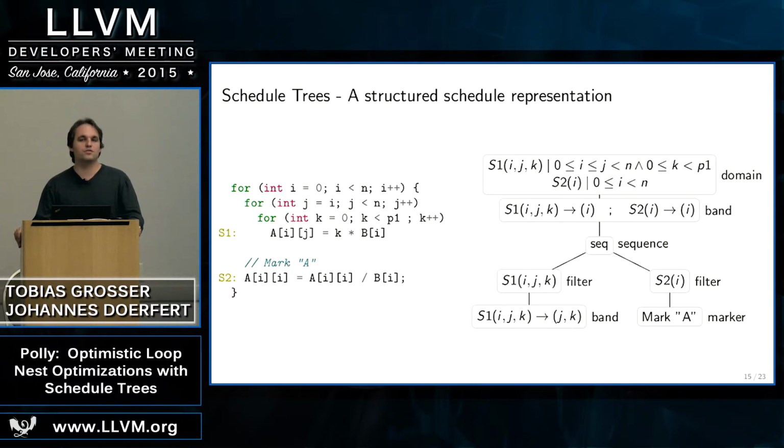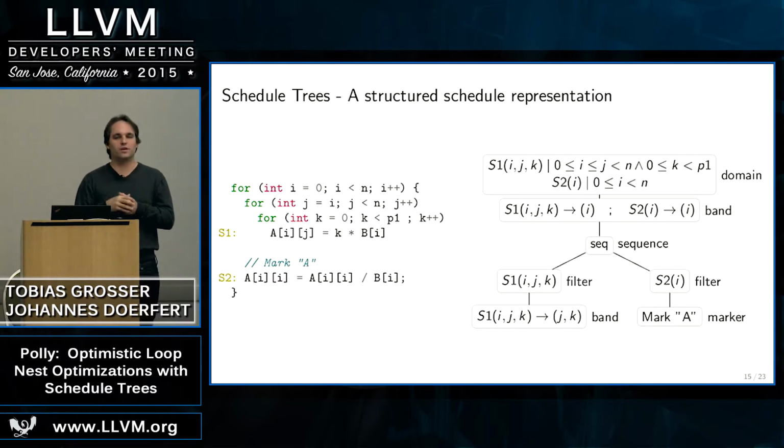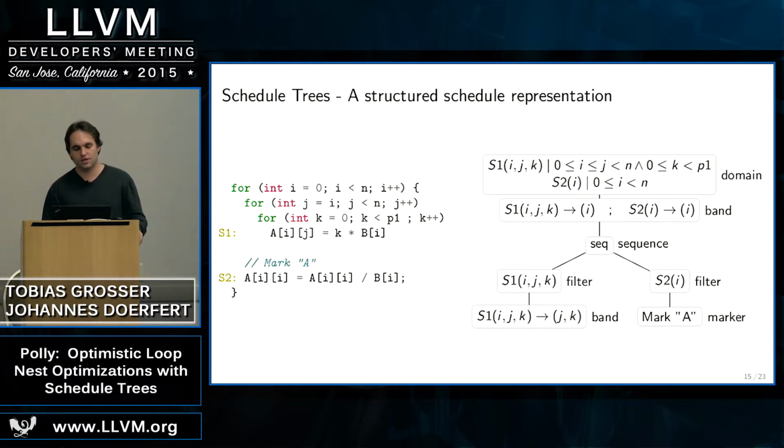The idea of the schedule tree is that, instead of having just schedule relations which you need to reason about and try to understand, we have a structured schedule that starts with the set of iterations you're executing, and then has different nodes that define different parts of your schedule.